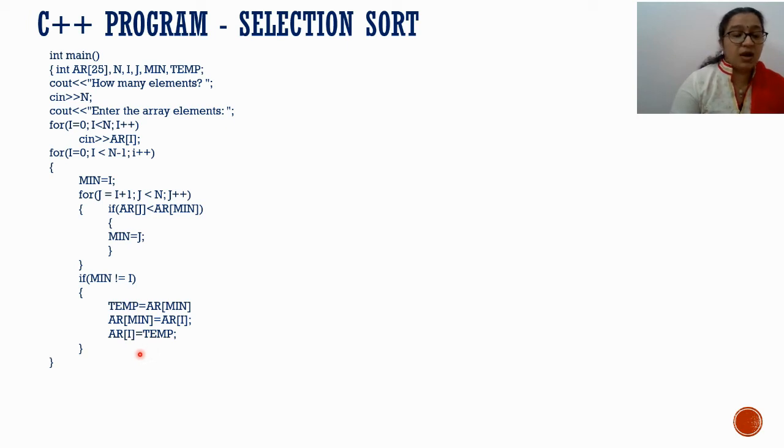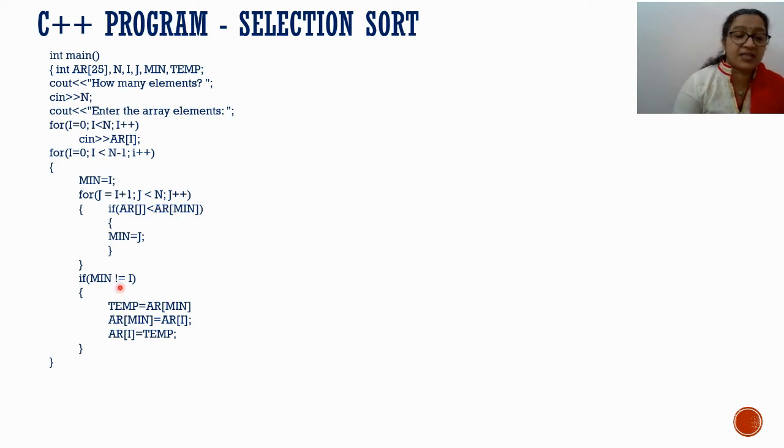Understood? Now again we can revise the steps. Min is equal to 1 now, then the for loop starts from 2 onwards, second elements onwards. Yeah, j is equal to 2, j less than n, j plus plus. In between, if AR of j, meaning AR of 2, is less than AR of 1, again we are comparing and we want to find the minimum value, that is, the position of the smallest element.